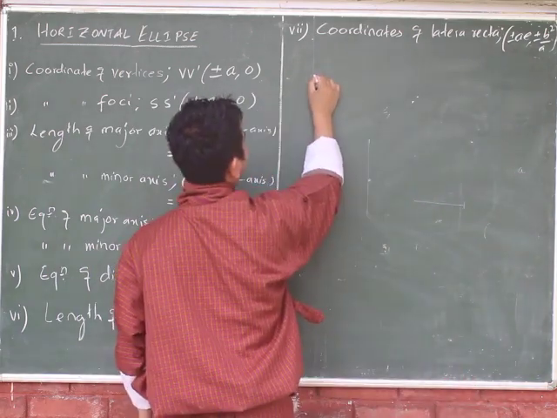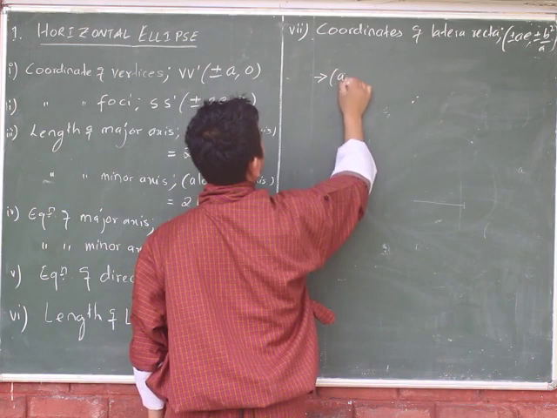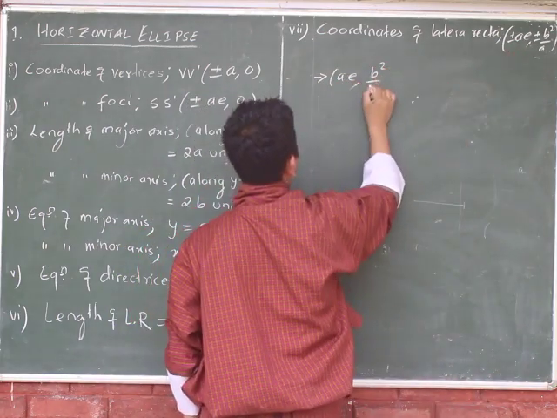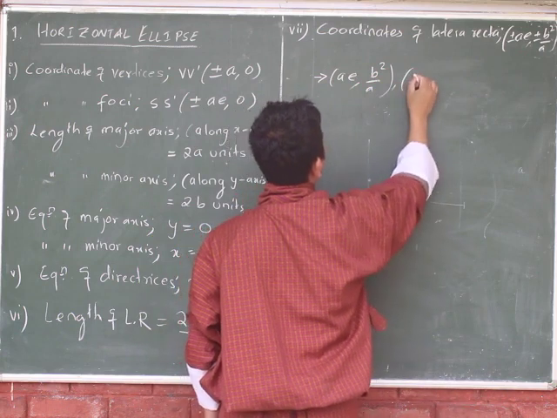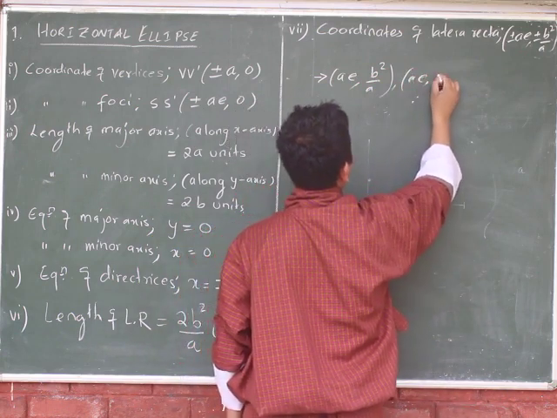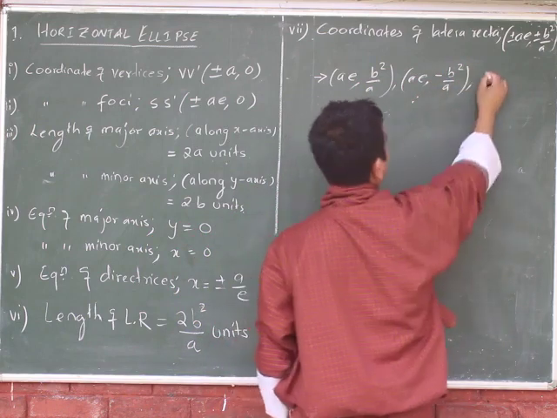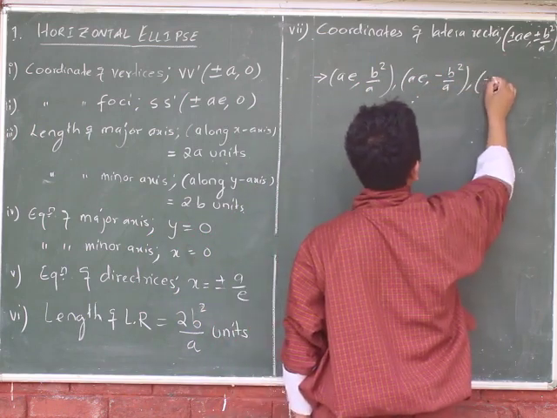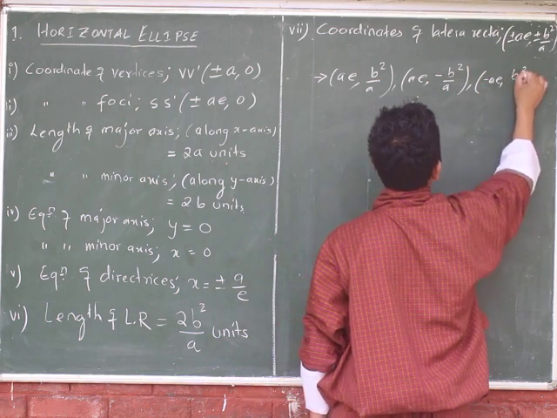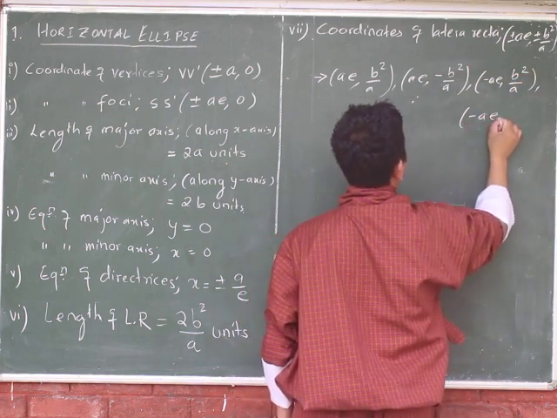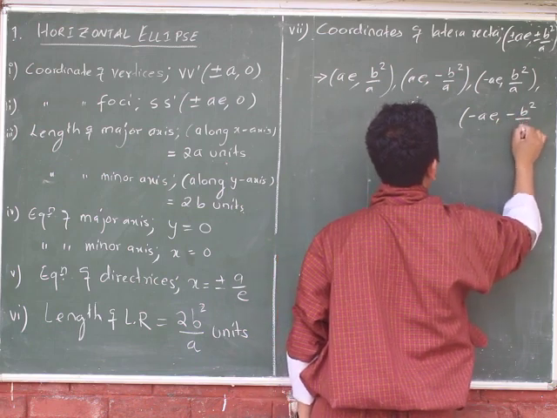You can write this one as the points are: one positive value, b square by a, or one positive value and another negative value, negative b square by a, and one negative value and another positive value. Last one is one negative value and negative b square by a.